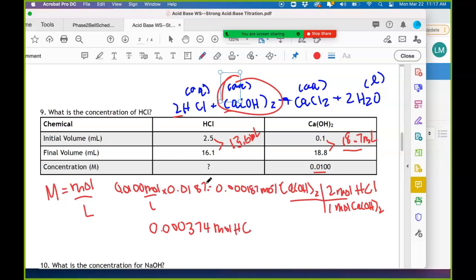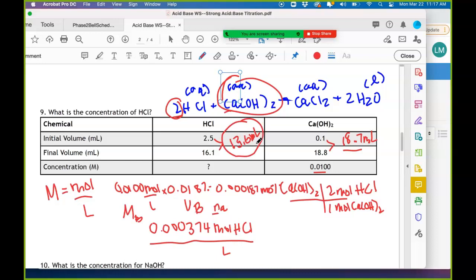So I did molarity of the base times volume of the base, and then I multiplied by the moles of the acid, right? This N means moles of the acid. It's this coefficient right here. That gives me moles. Well, what's molarity? Moles per liter, right? I know the volume of acid used.